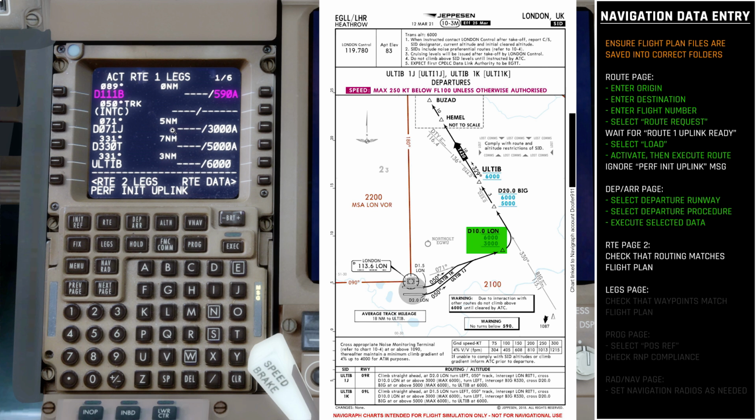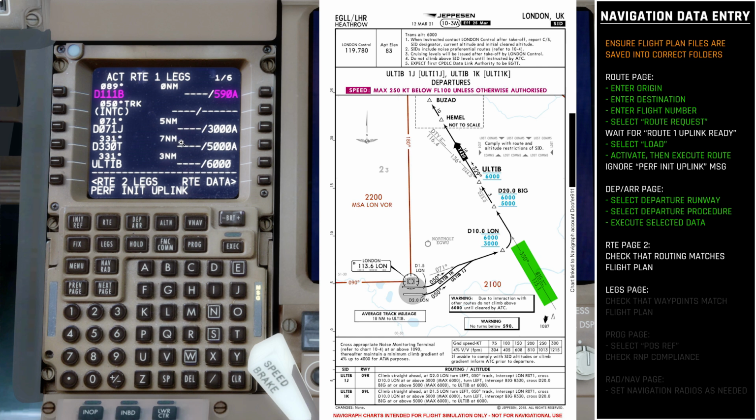Then, as you can see, we're going to be turning left, and we're going to be heading away from the Biggin Hill VOR on a radial of 330 degrees. This actually has it down as 331 degrees, so it's not too big of a deal.